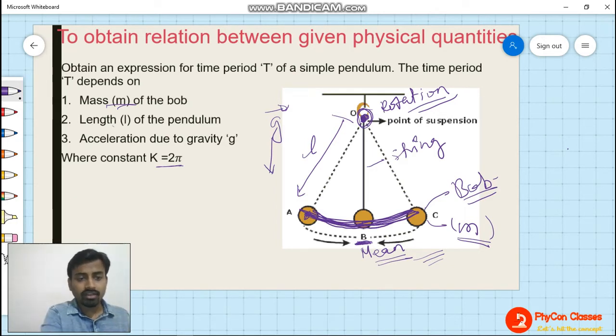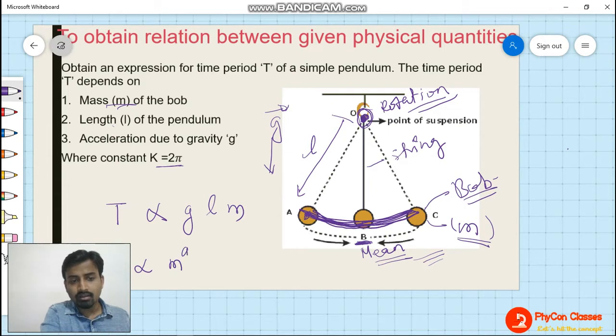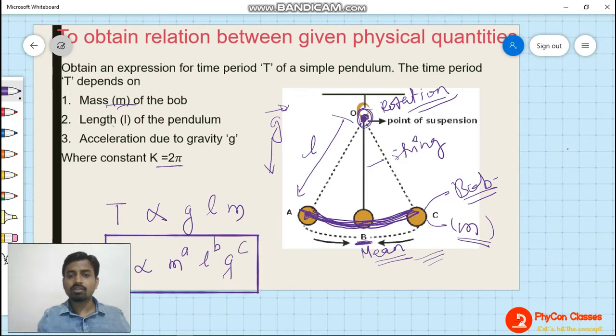So what we actually have to find out is how T depends on g, L, m. We can start with T is proportional to m to the power a, L to the power b, and g to the power c. Using this equation, we are going to solve this problem.